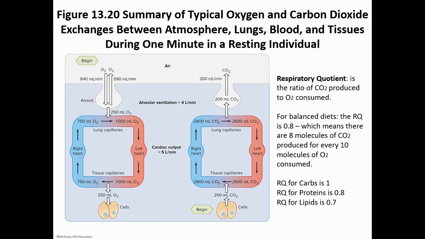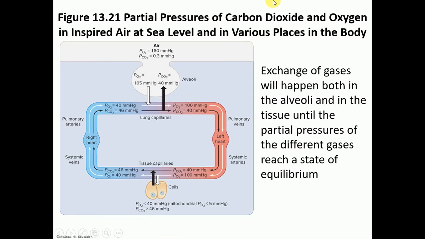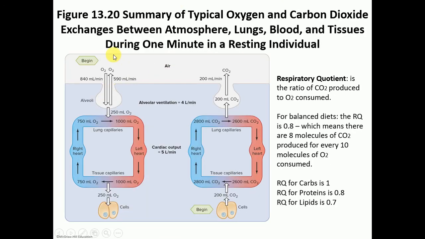Okay. So a summary of typical blood flow and how many carbon dioxide molecules the body makes per each oxygen molecule. You should be able to go through this journey by now, where we start off here in the air and exchange of gas in the alveoli, where oxygen is transported to the cell.